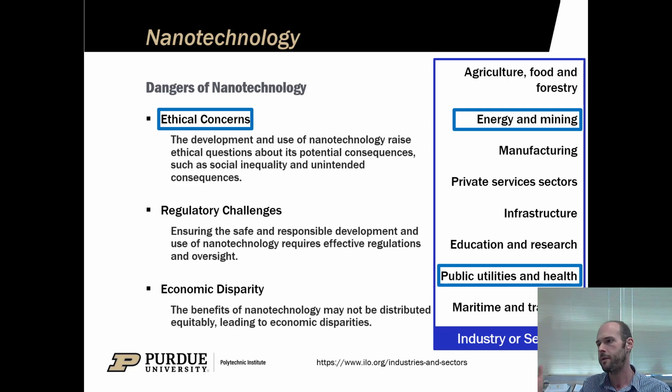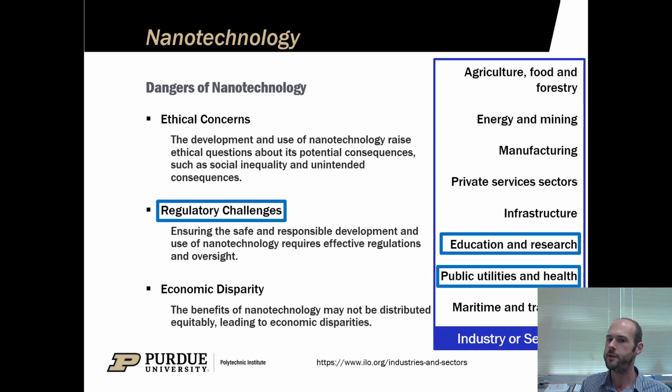There are ethical concerns in the healthcare space, as there frequently are. And there are also concerns around the mining and acquiring of new types of nanomaterials as well that may not be as readily available and may require new harvesting techniques that are dangerous or unregulated in some other way.